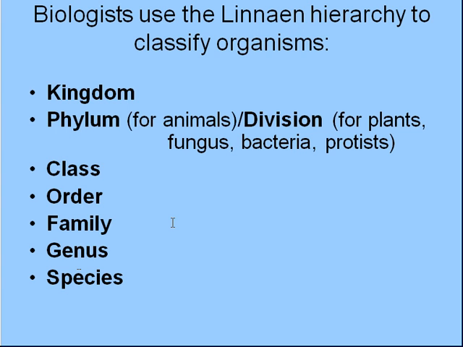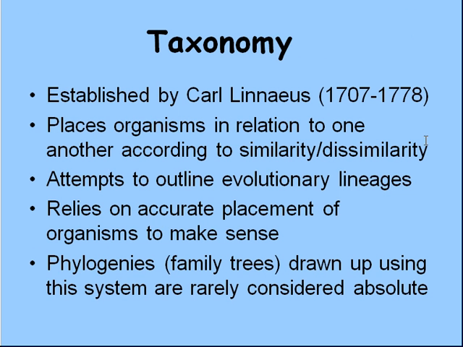Carolus Linnaeus, there you go, 1707 to 1778. He places organisms in relation to one another according to the similarity or dissimilarity, and this is an attempt to outline evolutionary lineages. Now, the funny thing is, of course, Carolus Linnaeus, he's often referred to as Carolus Linnaeus because he was so enamored with his own system that he actually changed his name from Carl to Carolus Linnaeus.